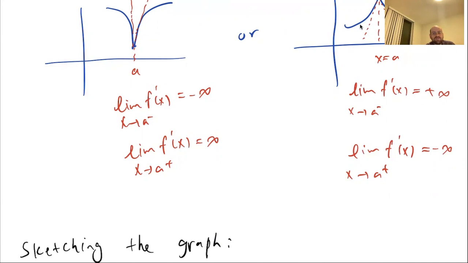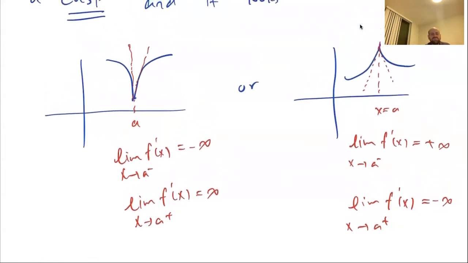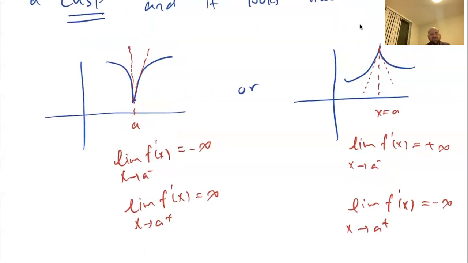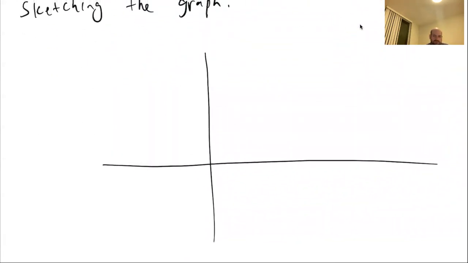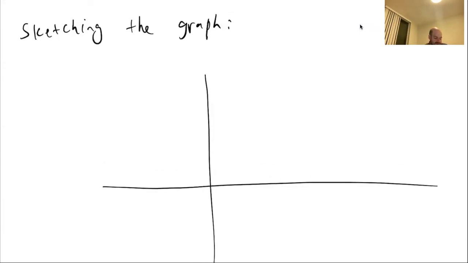It means a cusp, a vertical tangent line. Limit of f being infinity means vertical asymptote. Limit of f prime being infinity means vertical tangent line. So please remember this. Okay, so at x equals 4 here, we have a cusp.